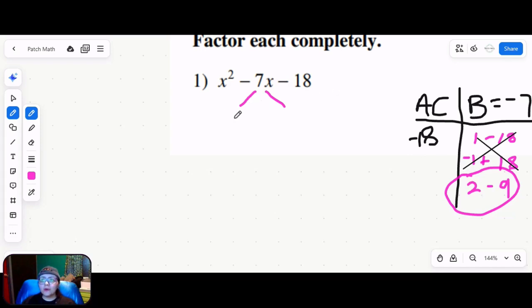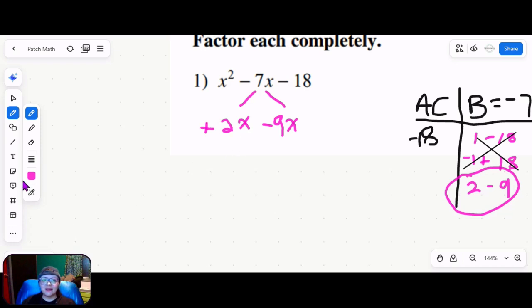Now, because they're both going to have an x on them, because combining like terms says that in order for these terms to combine together, they have to have the same exact variable with the same exact exponent. In this case, we want the variable of x to the invisible 1 power, or just x. And so we can put the 2 in front of this one and the negative 9 in front of this one, or vice versa. It doesn't matter. It's important to note this is positive 2.